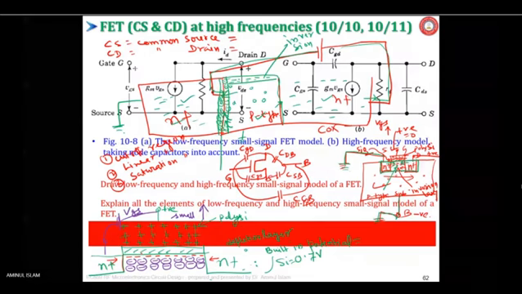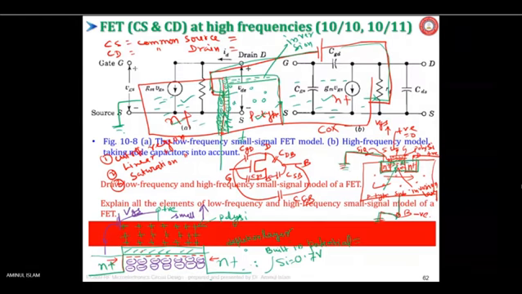Thermally generated electron-hole pairs, you have heard about them? Even at around 25 or 27 degrees centigrade, some electron-hole pairs are always getting generated, and they may also recombine and vanish, but they keep on generating and recombining.